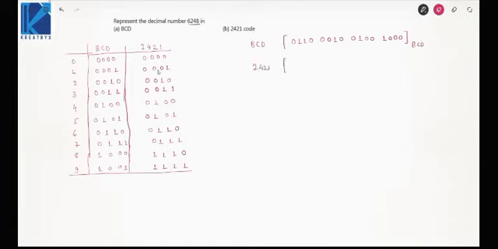In 2421, 6 is 0, 1, 1, 0. 2 is 0, 0, 1, 0. 4 is 0, 1, 0, 0. 8 is 1, 1, 1, 0. So that is your 2421 code. Only the coding of 8 and 9 is changing as compared to BCD code. The rest of the bits are the same.